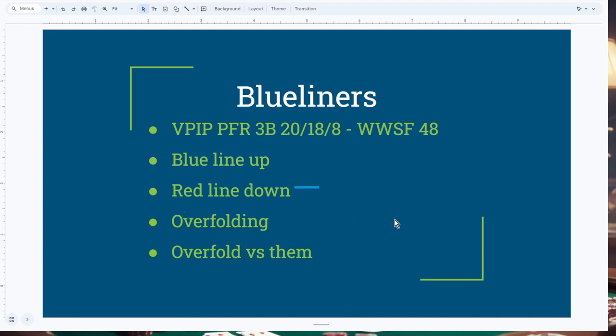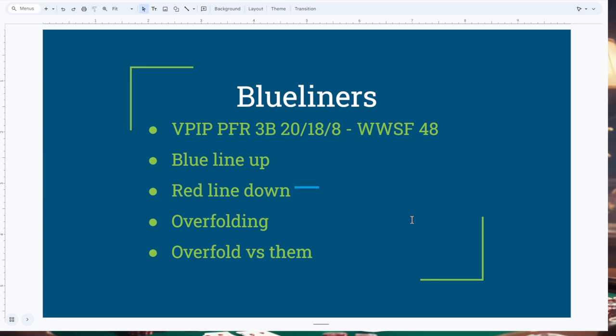The VPIP will be something around 20, the PFR around 18, and the three-bet stat around 8%. And most importantly, their went-to-showdown won-money stat, which will be something around 48. This specific statistic indicates this regular is mostly winning hands when they go to showdown, hence why I'm calling them blue liners.